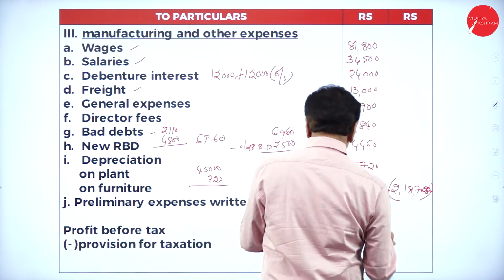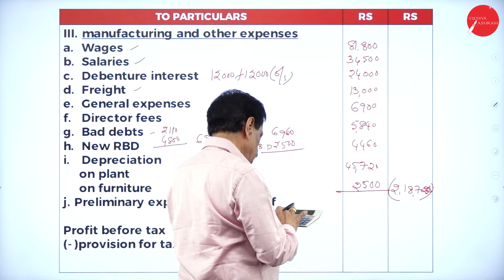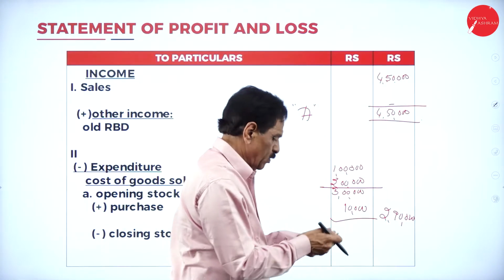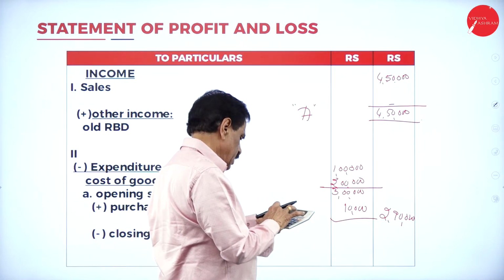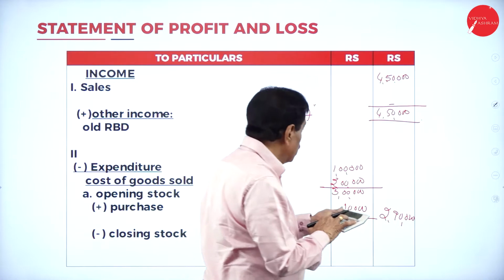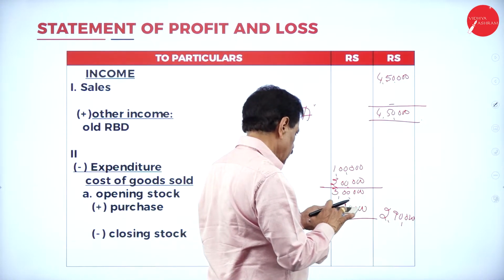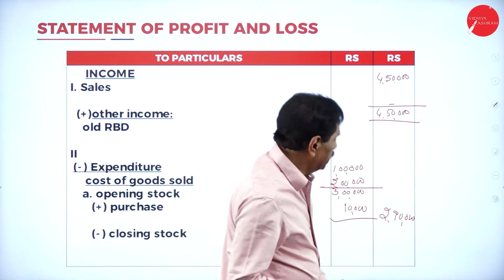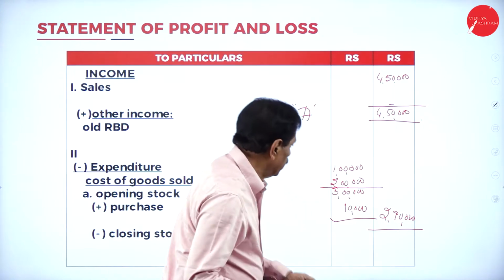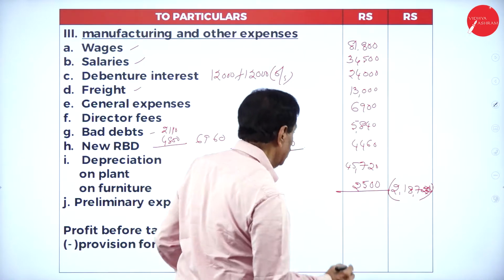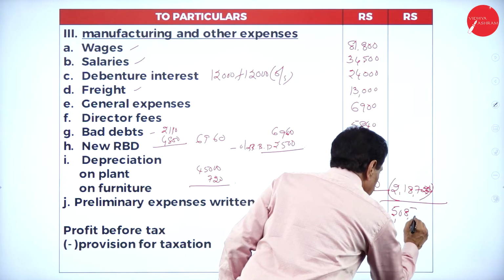2,18,720 plus 2,90,000, 5,08,720. Add both. 5,08,720.